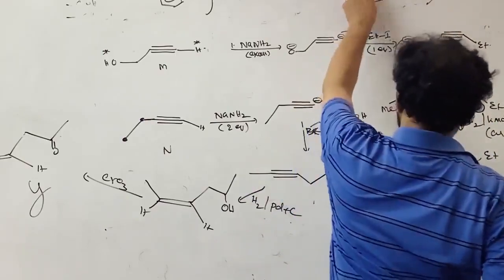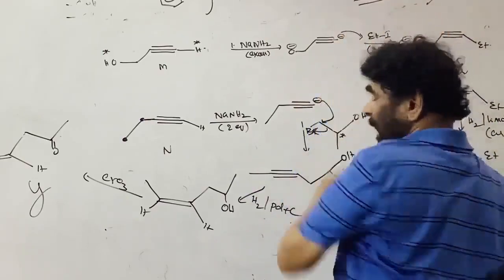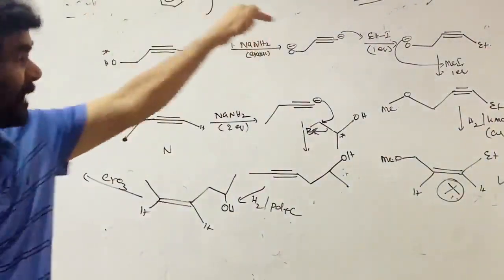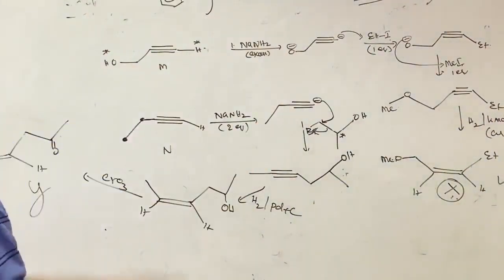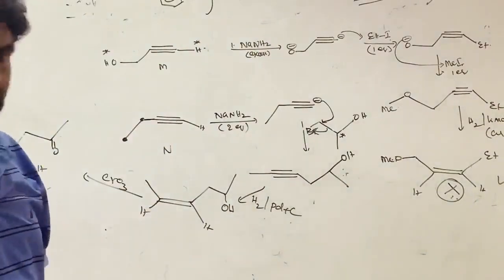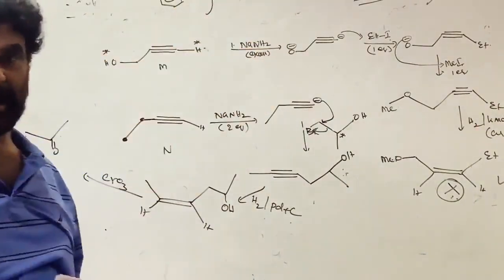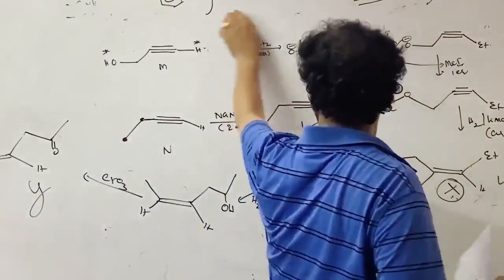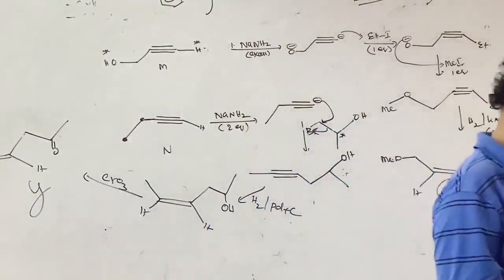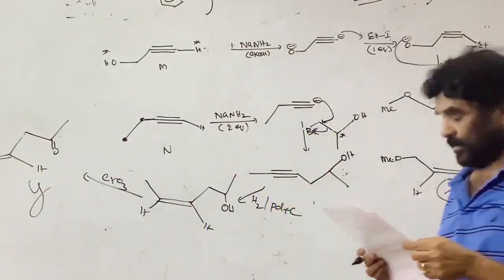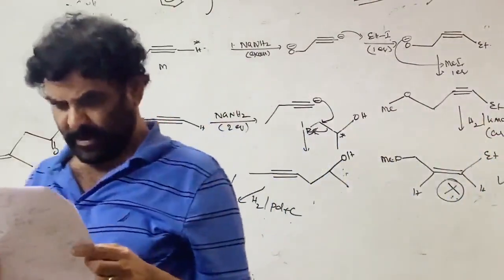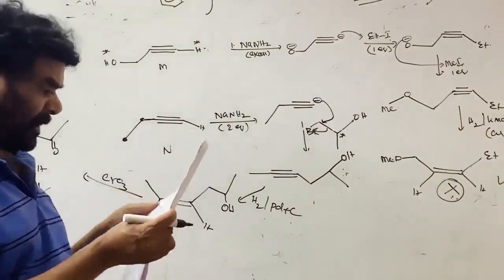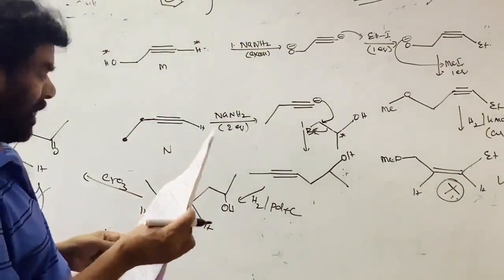It's a primary halide. This is secondary halide. Due to steric hindrance, SN2 reaction is less on the secondary alkyl halide compared to the primary halide. So therefore, this is the order of reactivity. So B is correct. S, P, S, and that is R, last Q.